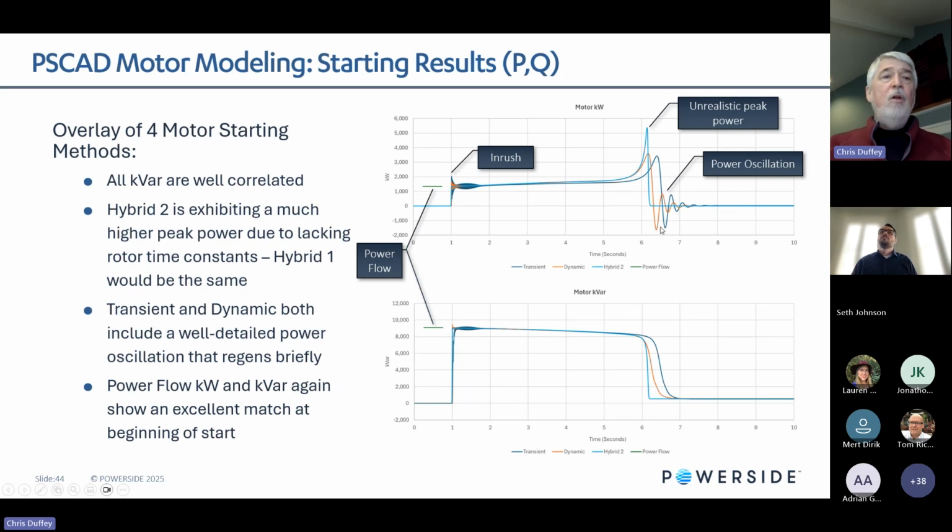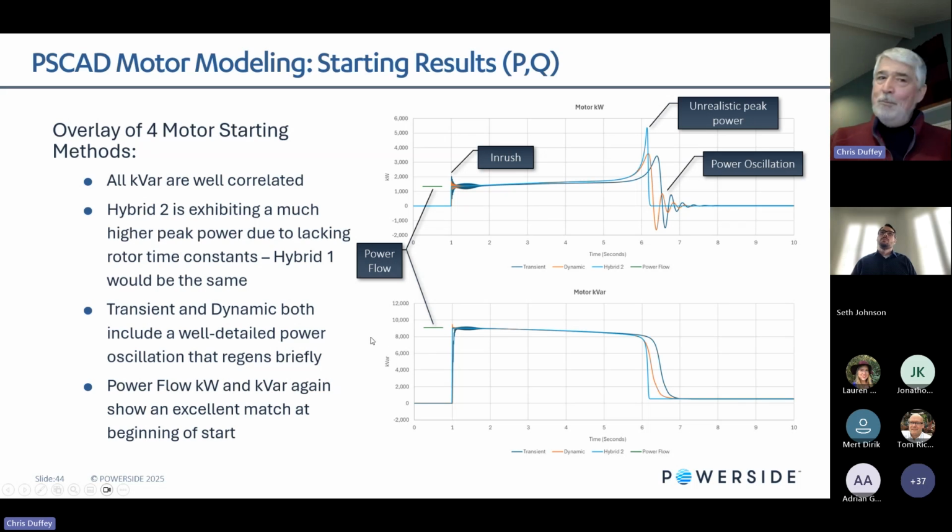So if there's anything critical that you want to see with a possible regeneration condition that's temporary, that could possibly trip off protection, you definitely want a dynamic or a transient model. Interestingly, the hybrid 2 is producing an unrealistic peak power condition, which means it's creating an unrealistic peak torque condition as well. The VARs are mapping very, very close for all of them. So we're getting some really excellent simulation matches.